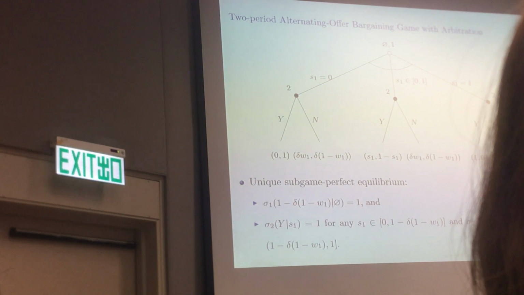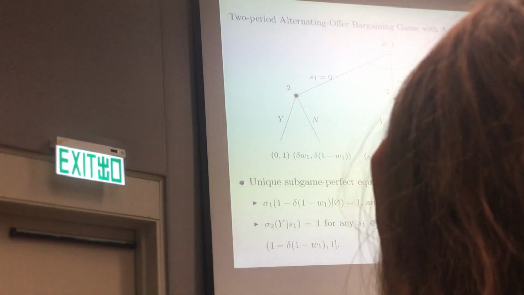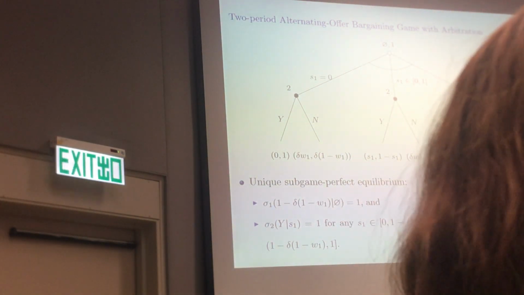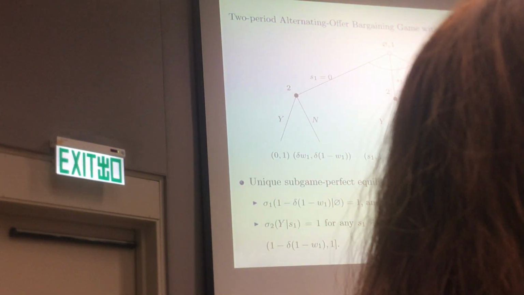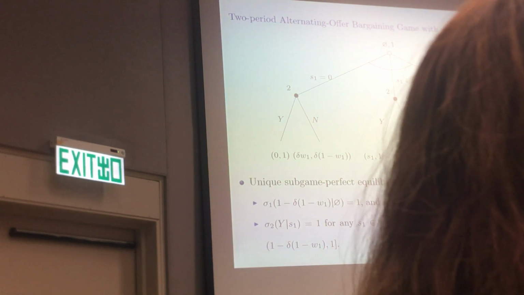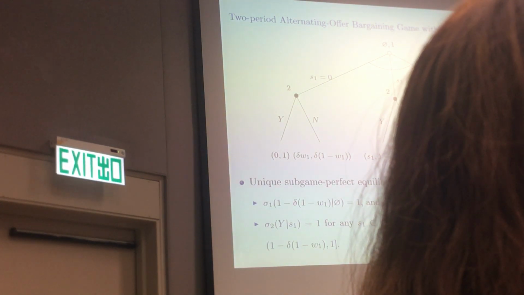So that makes our bargaining game three periods. In the first period, player 1 makes an offer, in the second period, player 2 makes an offer, and in the third period, player 1 makes an offer again. Now we have three periods, so the situation is even more complicated, but we can still apply the same idea. You first ask what happens if they reach the third period.